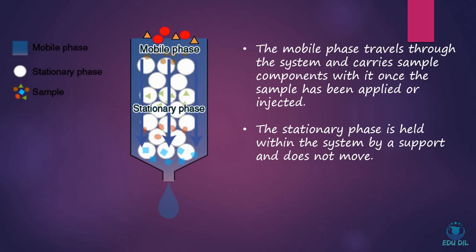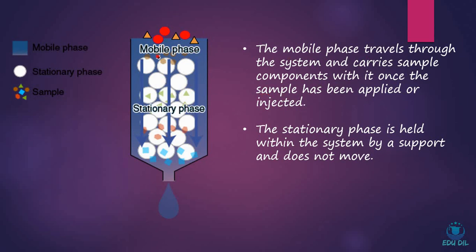In this picture, you can see a column containing a stationary phase, and you have a sample. You need to separate the components out. So the mobile phase is also added into this column together with the sample. The mobile phase travels through the system and carries the sample components with it once the sample has been applied or injected.